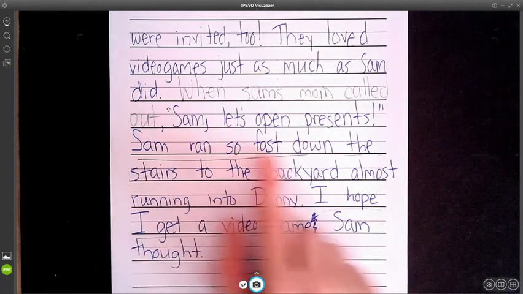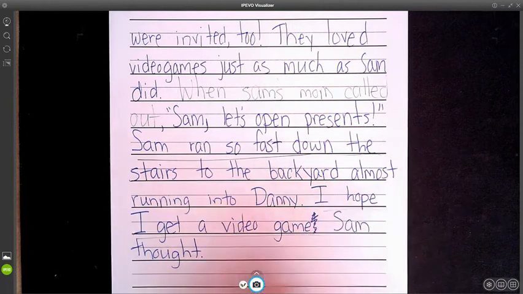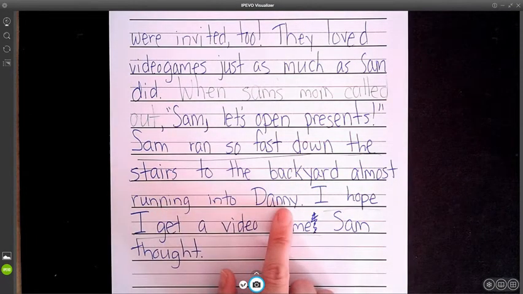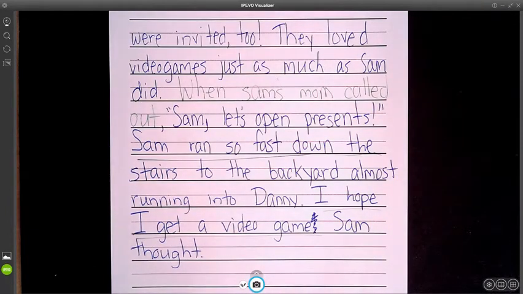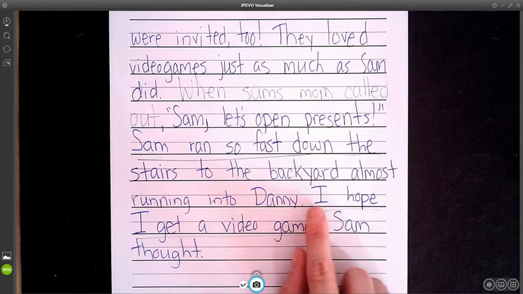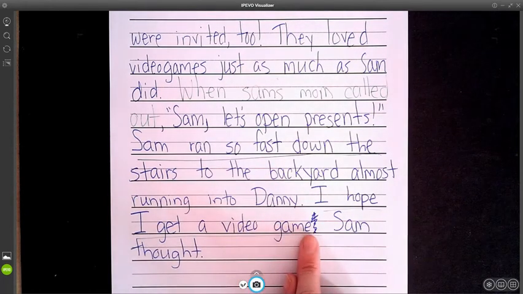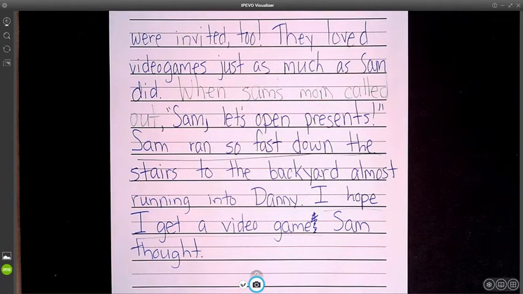Sam ran so fast down the stairs to the backyard, he almost ran into Danny. So I didn't say it with words, but Sam ran down so fast he almost ran into someone. Sounds like he's very excited. So there is my feeling there. And it also says, "I hope I get video games," Sam thought. So there is what he was thinking.